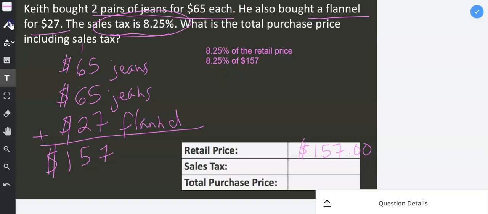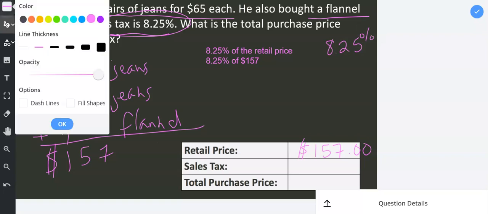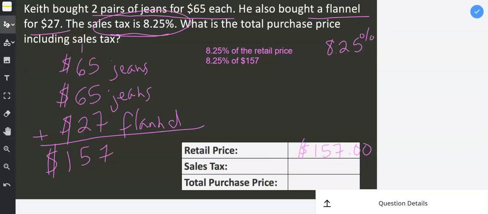The next thing we need to do is change the percent to a decimal, because you're not going to be able to multiply it until that 8.25% is in decimal form. So we need to get rid of that percent sign. So I cross out the percent sign, and then to change a percent to a decimal, you divide by 100.